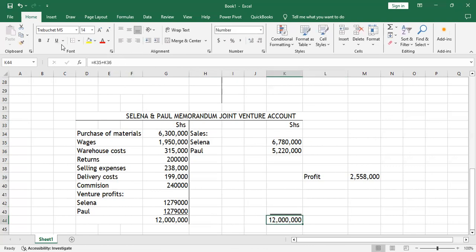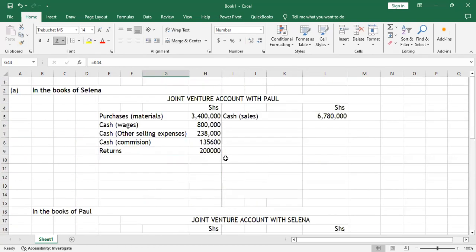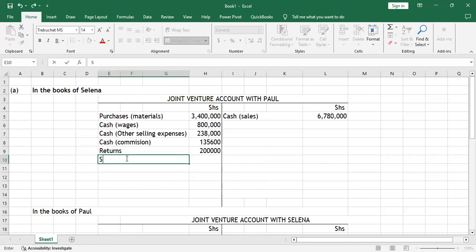So now what we have to do is to balance off the other accounts one by one. So what you do, just come in Selena's books, so share of profits.